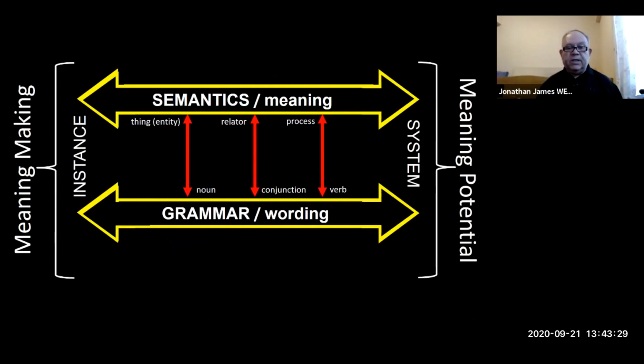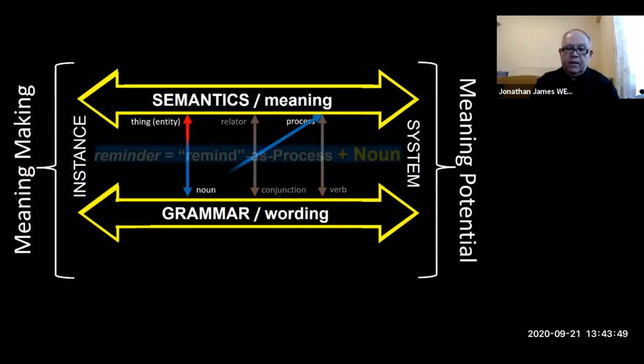You have meaning as one layer, you have wording as another, and they are connected, they're tied up. So things are nouns, and relators are conjunctions, and processes are verbs, all right? Can we redraw it? Yes, we can.